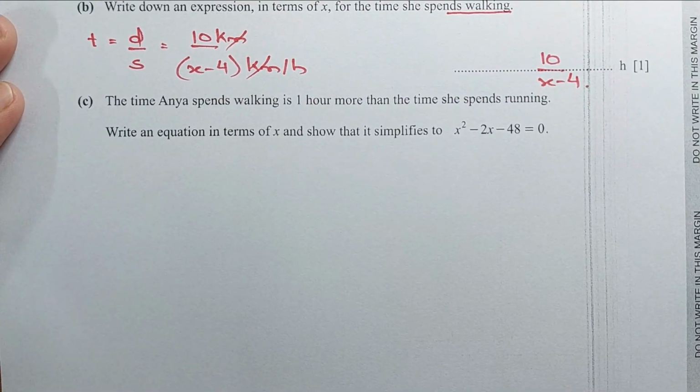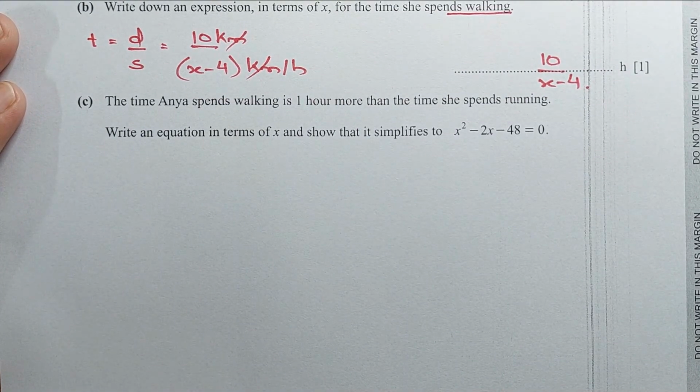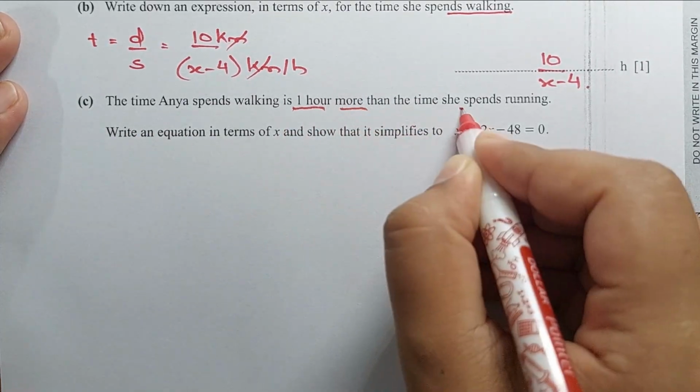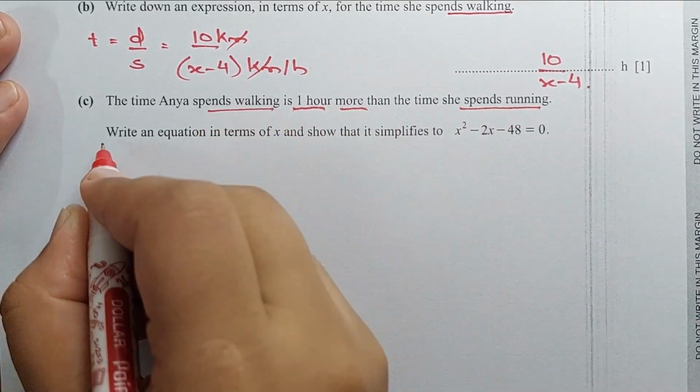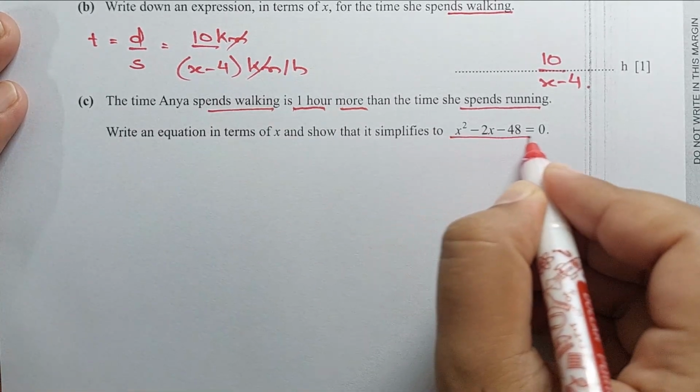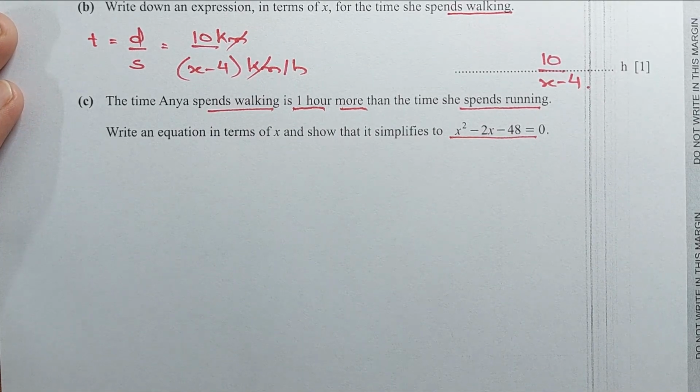Moving to part C, the time Anya spends walking is 1 hour more than the time she spent on running. Write an equation in terms of x and show that it simplifies to this equation.